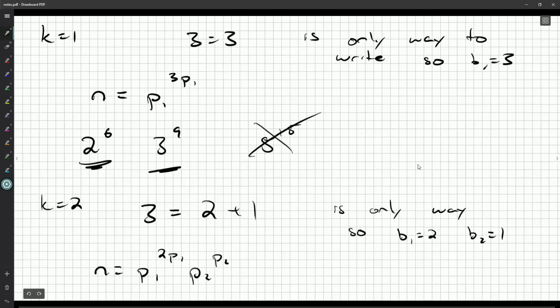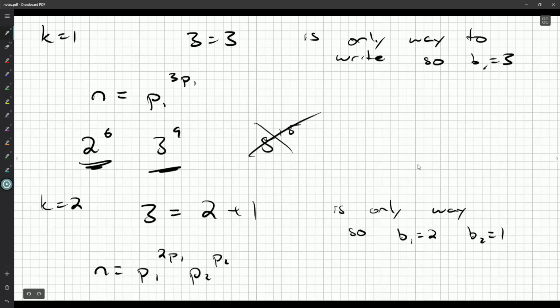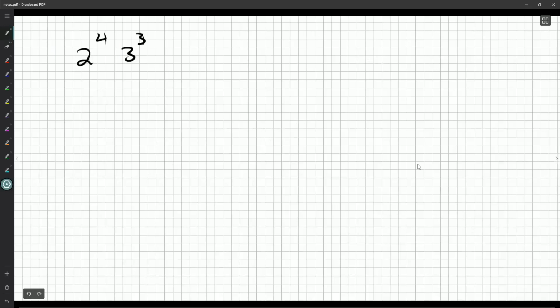What could we possibly have here? So P1 could be 2. We could have 2 to the 4, 3 to the 3. Pretty sure that'll work. We could have 2 to the 4, 5 to the 5. Actually, let's take 10 to the 10 and divide it by 16 and see where we go.